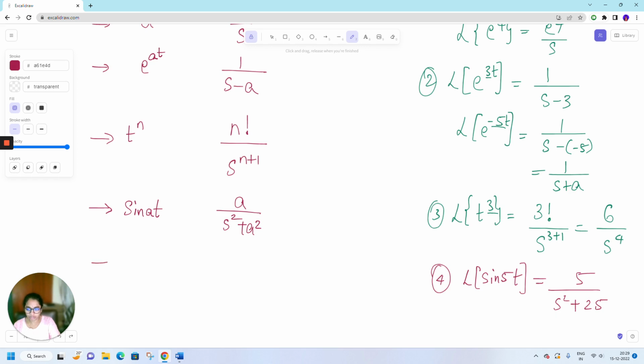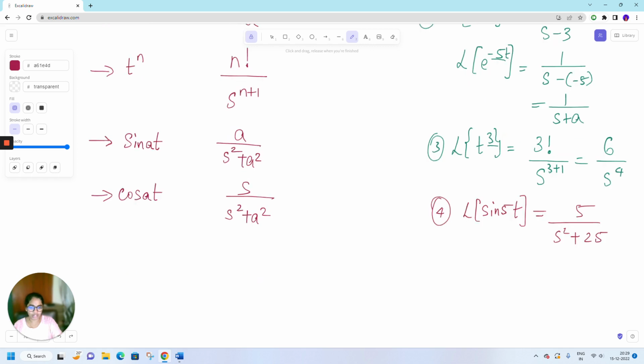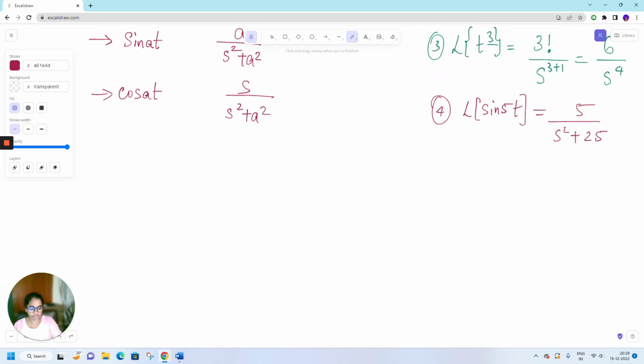The fifth formula is cos at. Laplace of cos at is s divided by s square plus a square. So the Laplace of cos 3t would be s divided by s square plus 3 square.